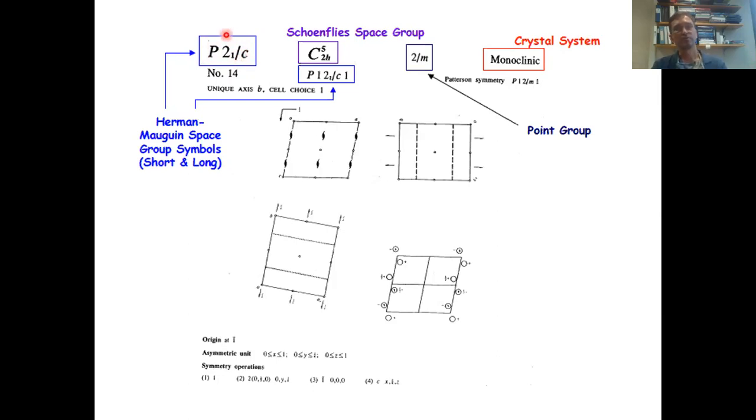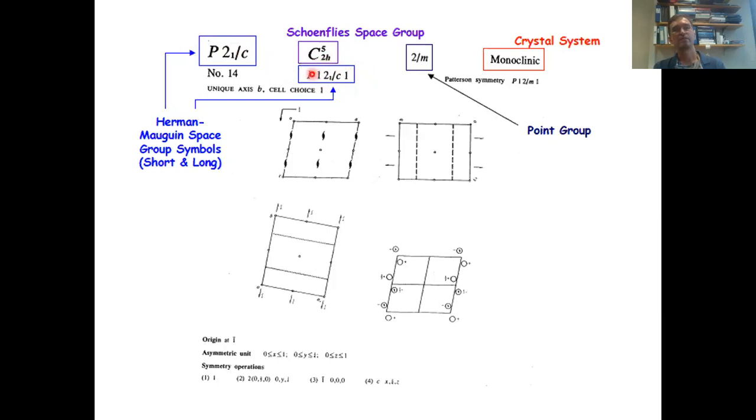So this name here is actually a short version of this name here. This is the full version of the space group, and the space group symbol reads P1, 2-1 over C1. So we see that we have some additional information here. You see these 2 numbers 1.